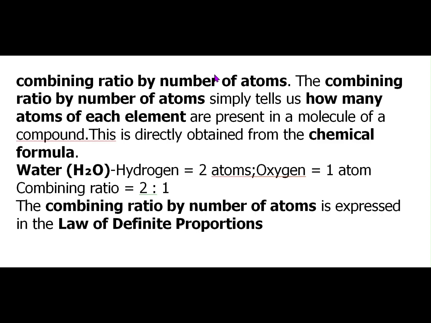For example, if you take water, H2O, there are two hydrogen atoms and one oxygen atom. The combining ratio is 2:1. The combining ratio by number of atoms is expressed in the law of definite proportions that you may see.